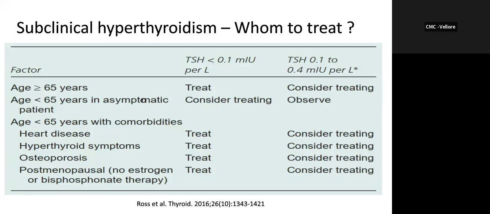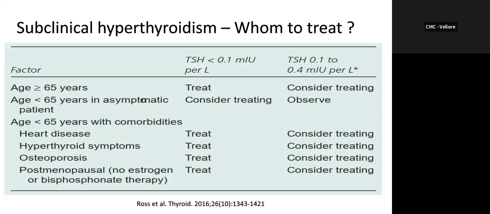And if the patient has a structural heart disease or atrial fibrillation, hyperthyroid symptoms where you can see a suppressed TSH with normal free T4, or osteoporosis, especially if the patient is 65 or older, because that again fits into the osteoporosis.